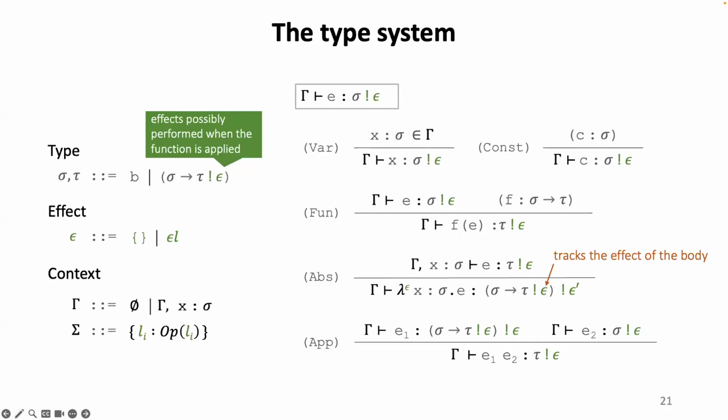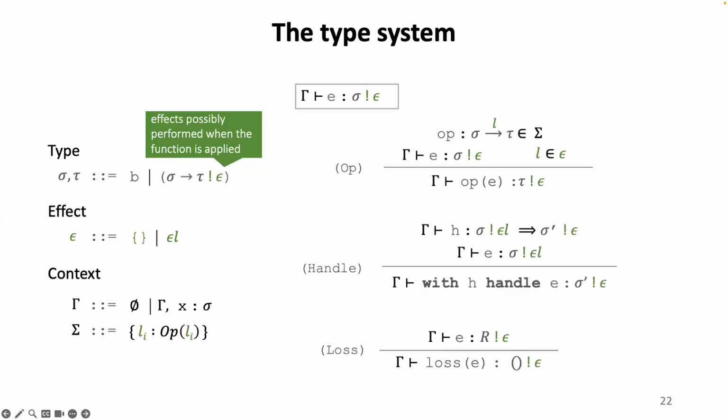Let's get to the slightly more interesting ones about effect handlers. We have three rules corresponding to the effect operations. We can perform an operation op by providing an argument E. If we perform operation op, then we should record in the returned effect epsilon that we have performed this operation op that corresponds to the effect label L. So this side condition makes sure that L does appear in epsilon.